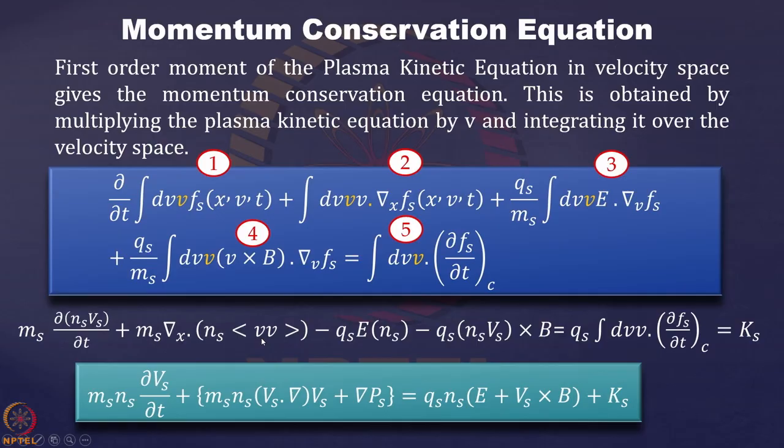This one will give you ns q E, and the next one will give you q ns Vs cross B. And the last quantity is the rate of change of momentum, which you get when you multiply by v and integrate. That will not be 0, and we will put that as Ks.